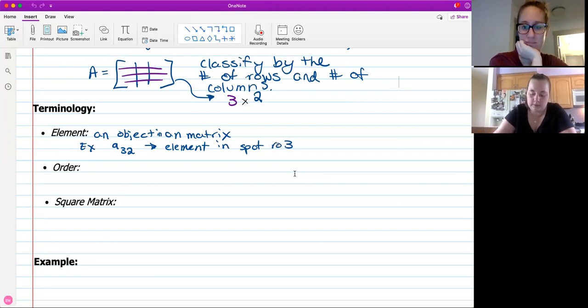Sorry, I don't know what's happening to my voice this morning. Row will always come first. So row 3, column 2. In our little picture that we drew up here, row 3, column 2 would be that one.